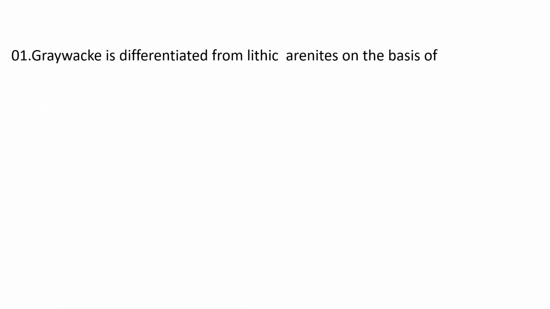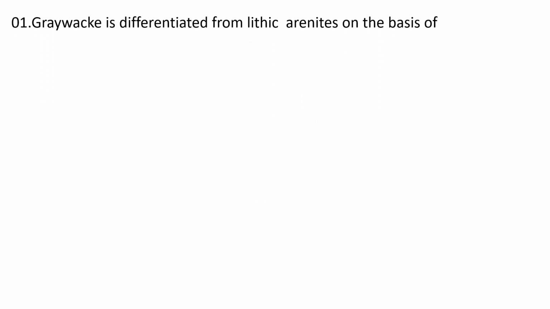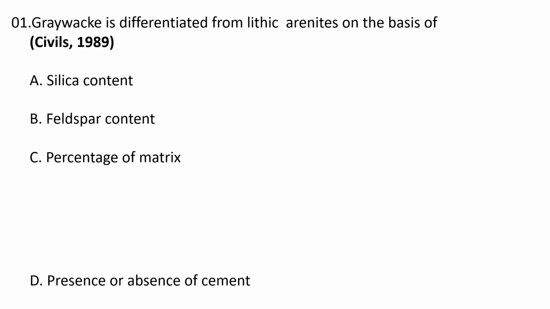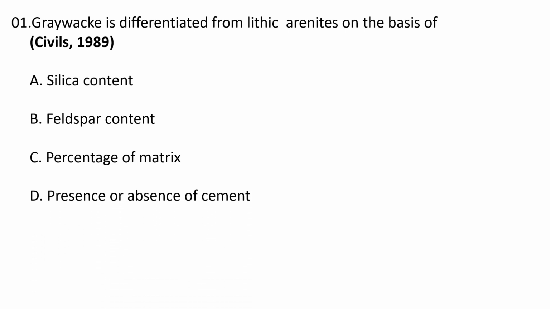First question. Graywacke is differentiated from the lithic arenites on the basis of, this question was asked in Civil Services exam 1989. Choices are A. Silica content, B. Feldspar content, C. Percentage of matrix, D. Presence or absence of cement. So, graywacke is differentiated from lithic arenites on the basis of percentage of matrix.